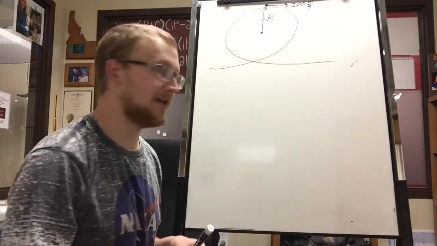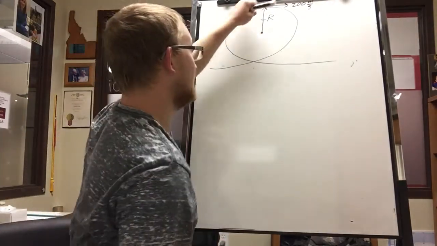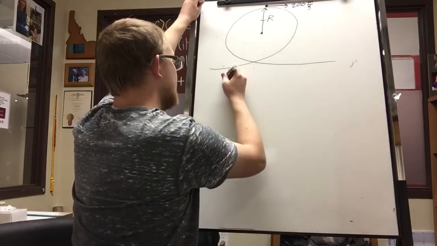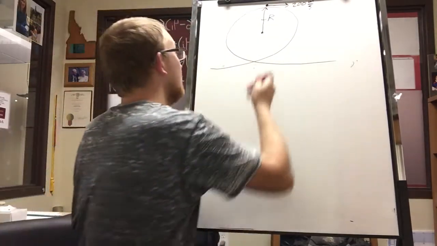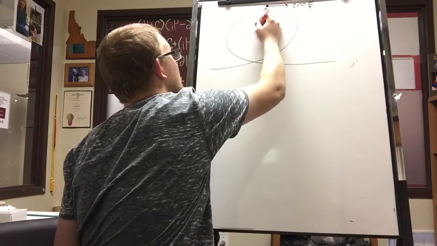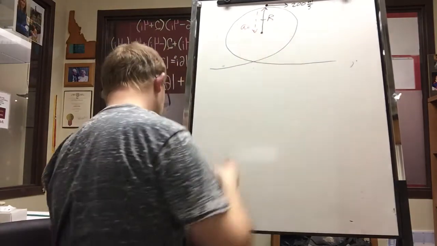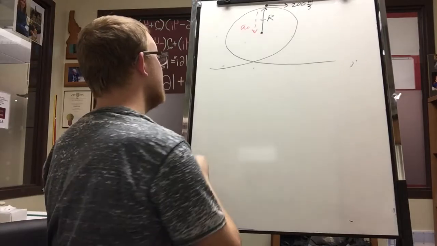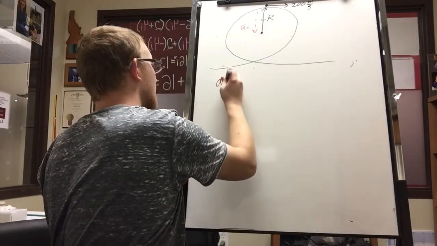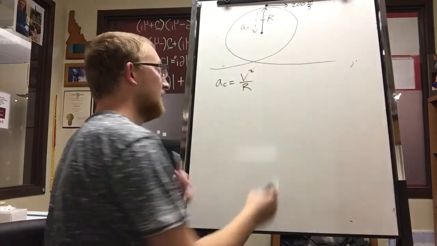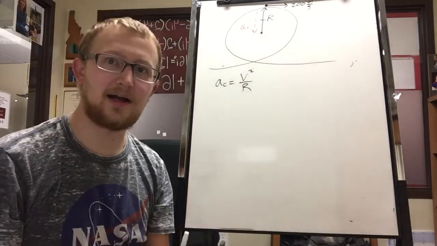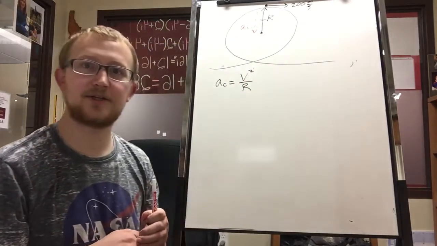So right off the bat, you should be thinking, hey, tangential velocity, radius, there's going to be some centripetal acceleration, AC, going on here that's keeping her towards the center. And we know that AC is equal to tangential velocity squared over r. This equation shows up a lot in these past couple of sections.